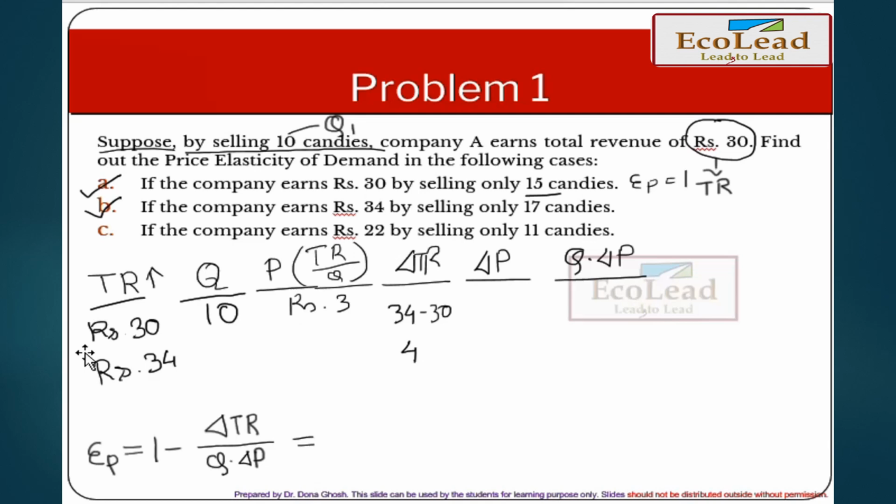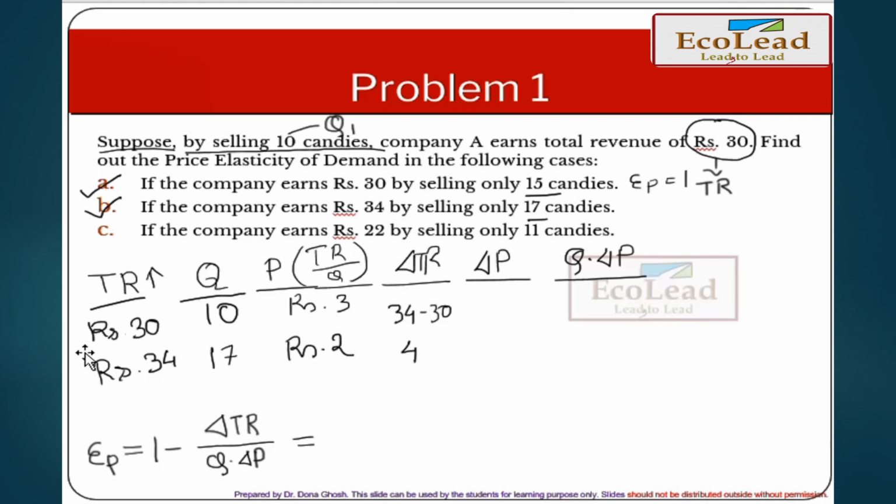And what is the quantity sold? That is 17 candies. So with 17 candies, using again the same formula, total revenue divided by quantity, the price will remain the same as we have seen in case A. So here also the price of each candy is rupees 2.